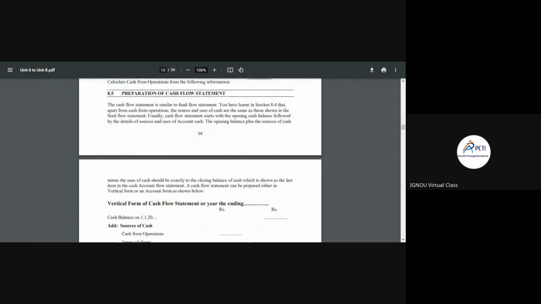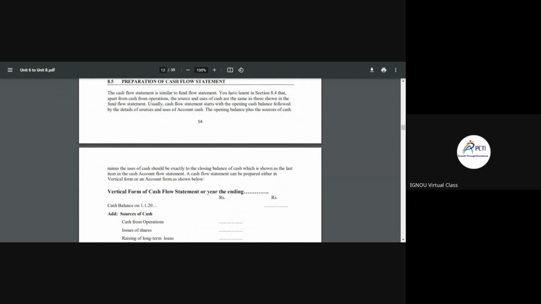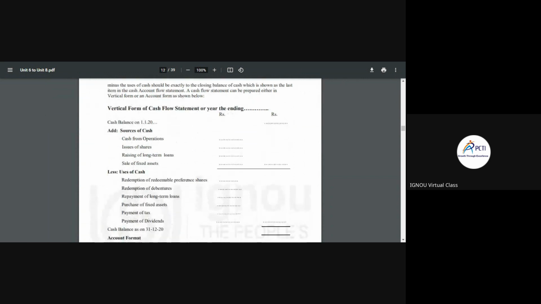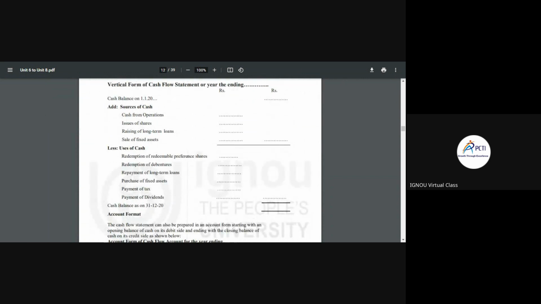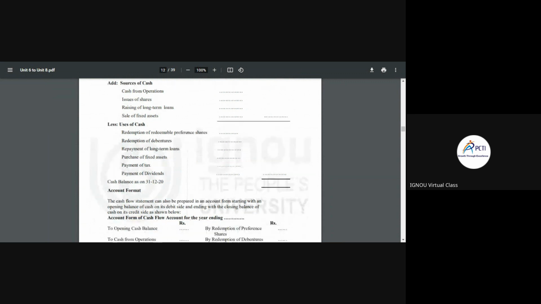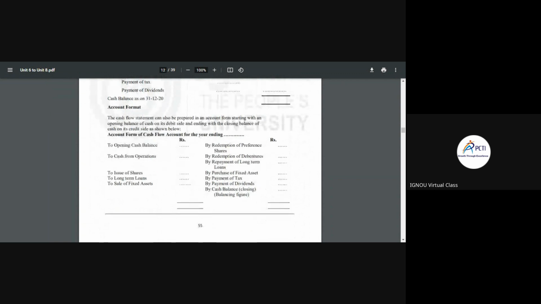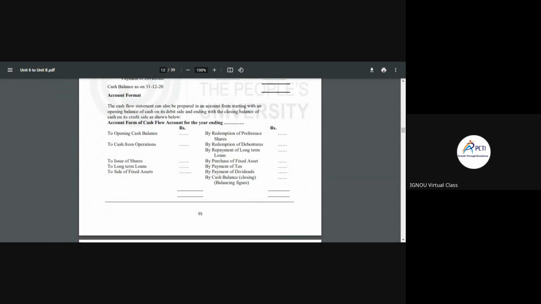Next, preparation of cash flow statement. Basically, it is a vertical form of cash flow statement for the year ending. So first of all, we take the cash balance, then we add all the sources of cash, then we deduct uses of cash, and in the end, we have the cash balance. In the account form, when we make a cash flow statement, we have two sides, one is debit and one is credit.